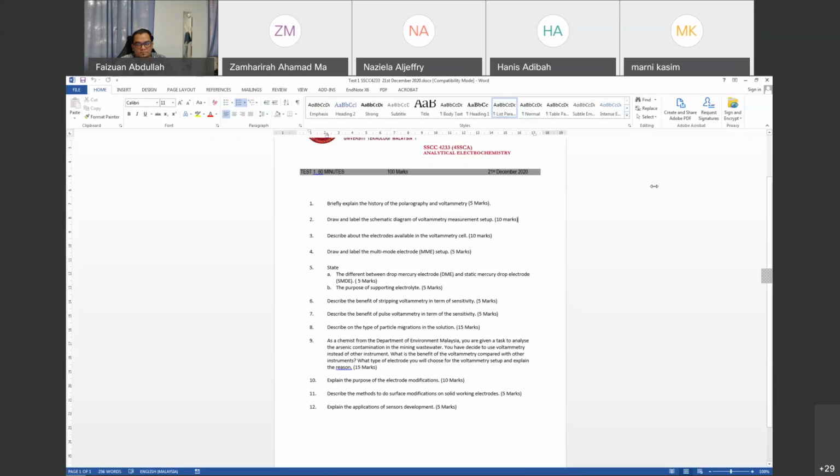Unit tu doktor. Okay, ni saya nak tanya Chu Zin Yi. Macam mana supporting electrolyte meningkatkan sensitivity? Chu Zin Yi. Chu, come on Chu.